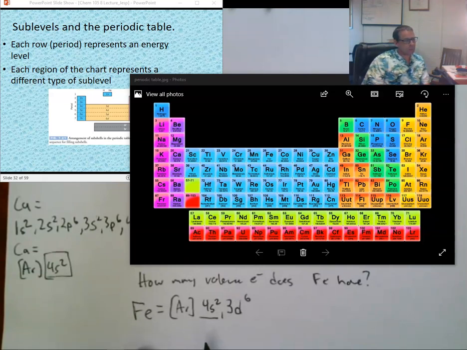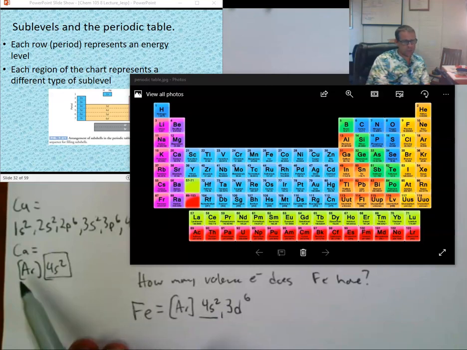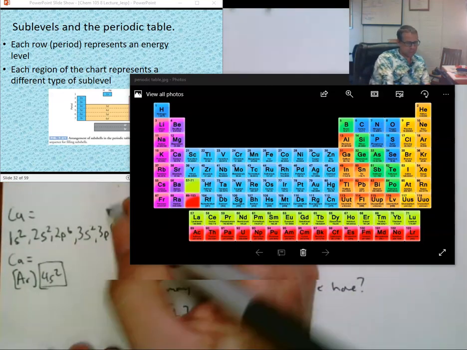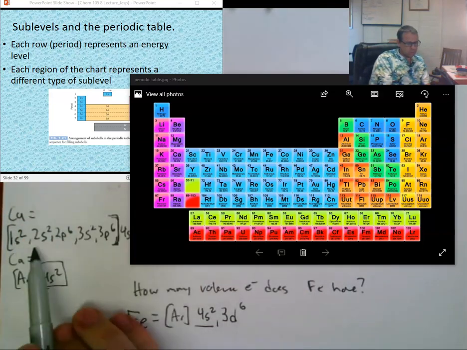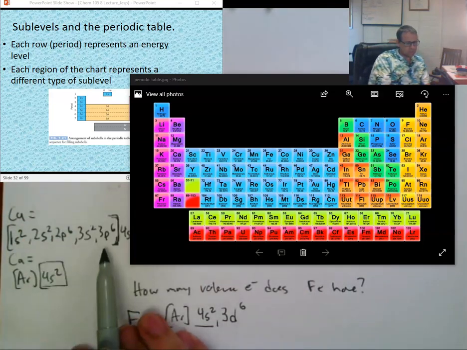Okay. Well, remember, valence electrons are defined as electrons that have the highest N value. Now we can go back to argon to remember. This is what the core of argon looks like: 1s2, 2s2, 2p6, 3s2, 3p6.